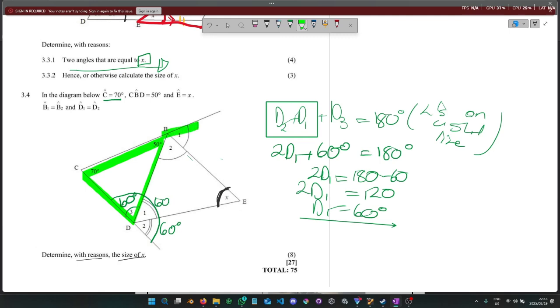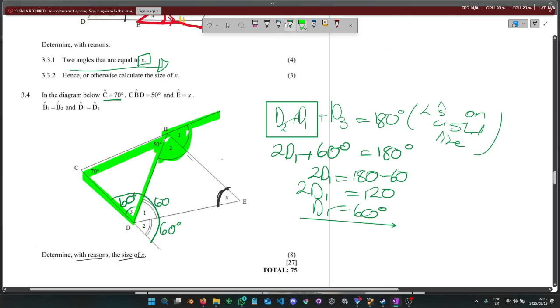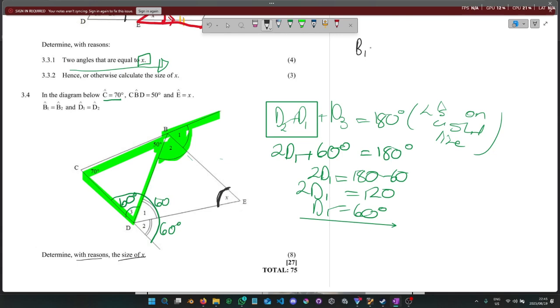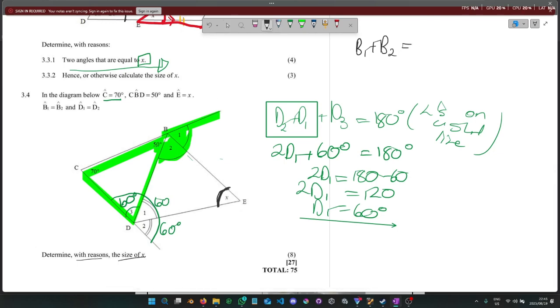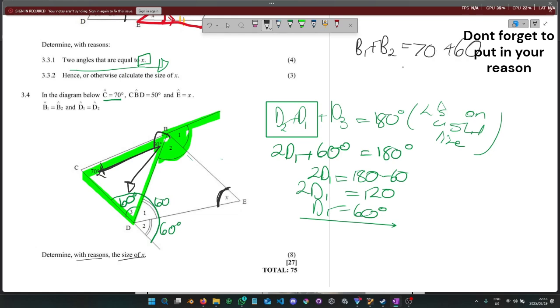This here is the interior, and this here is the exterior angle of this triangle, which we can say is b1 plus b2, but it's the same thing, so it's fine. b1 plus b2 is equal to the sum of the interior opposite angles, which is 70 plus 60. We can make this just b1.